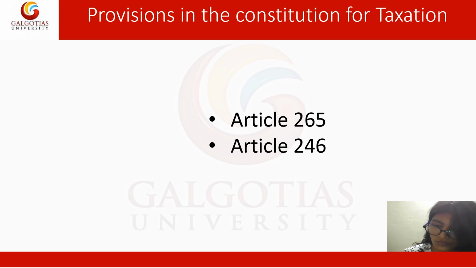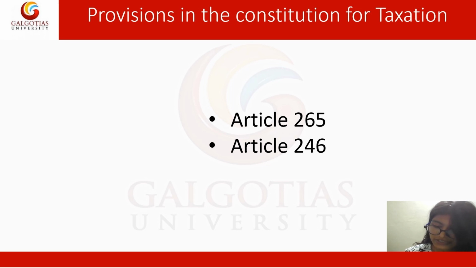Secondly, Article 246 of the Indian Constitution states that the authority to enact law and levy taxes and duties is given by the Constitution, and the Parliament may make laws for the whole of India or any part of the territory of India.